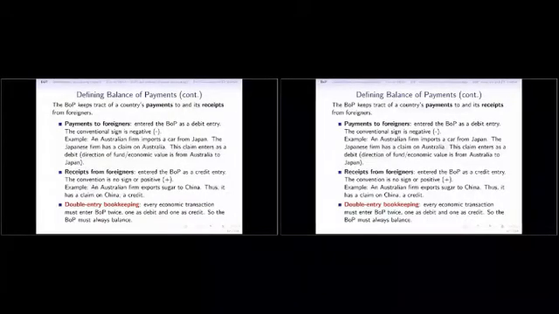The transaction, so by the way, IMF's rule is that as long as the ownership has changed, you need to make the record, okay? So the moment when to make the record in the balance of payments is when there is ownership change, okay? That is the rule. So if you export a car from Japan to Australia, the moment the car leaves Japan, okay, that is when you have the ownership change, okay?